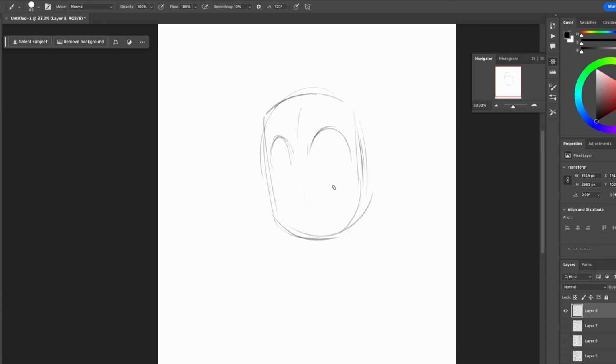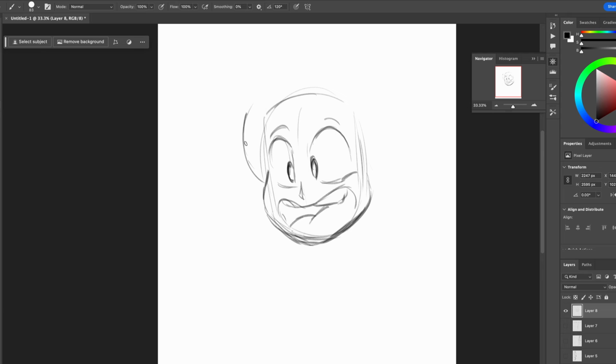This character that I'm going to draw here is going to show what I was talking about. Even here, where this person is screaming and yelling, there's not that much change in terms of the anatomy of the face.